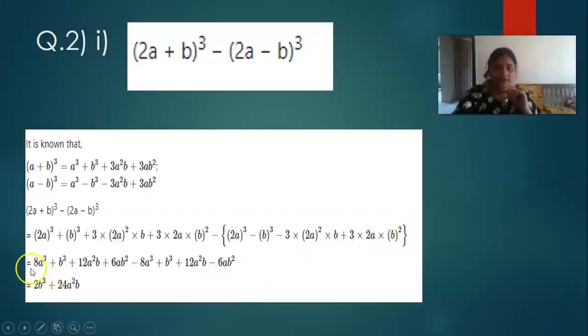Can you see the like terms? This and this get cancelled because one is plus and the other is minus. And what is the similar one? 6ab square plus 6ab square, both have opposite signs, so this also gets cancelled. What is remaining? One b cube, another b cube, so it will become 2b cube, and 12 plus 12 is 24a square b.